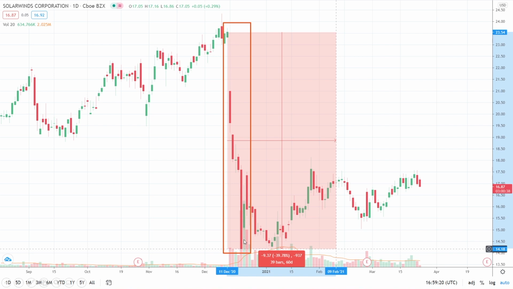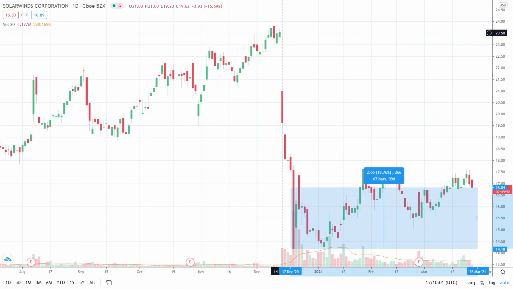That was a massive drop. However, as of March 26th, we have an almost 19% recovery from its December lows. The company is recovering. How much time it will take, we don't know. Probably it can take 1 year or 2 years as Equifax, we don't know yet.